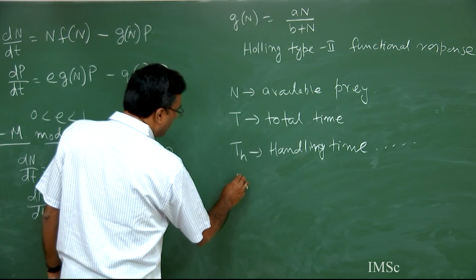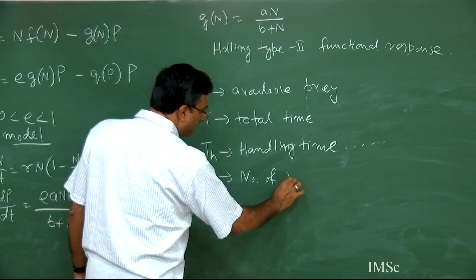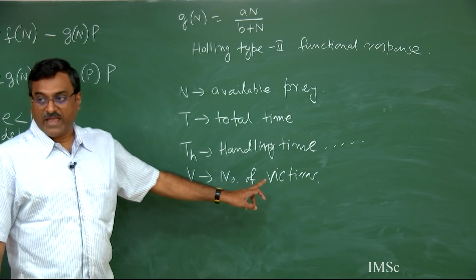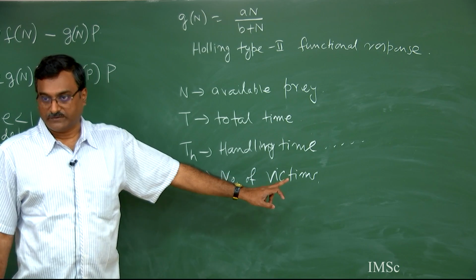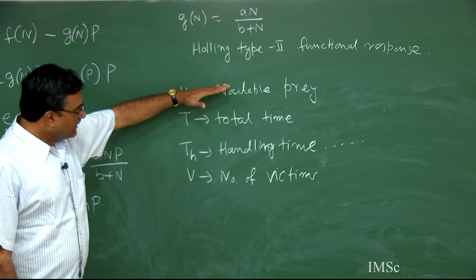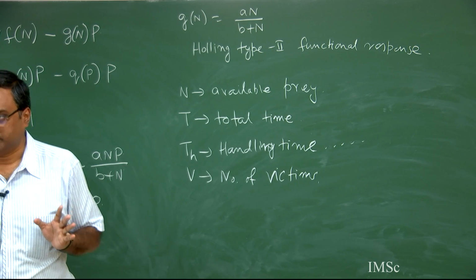Finally, V denotes the number of victims. So that means the number of prey caught by the predator. So once we define these 4 quantities, we can make an assumption.